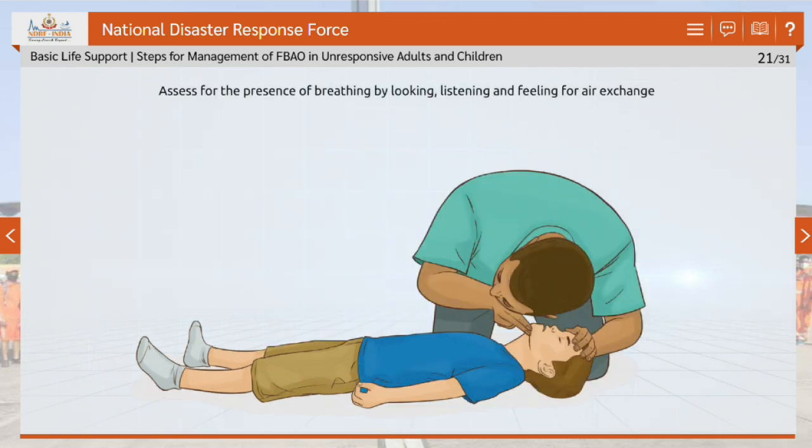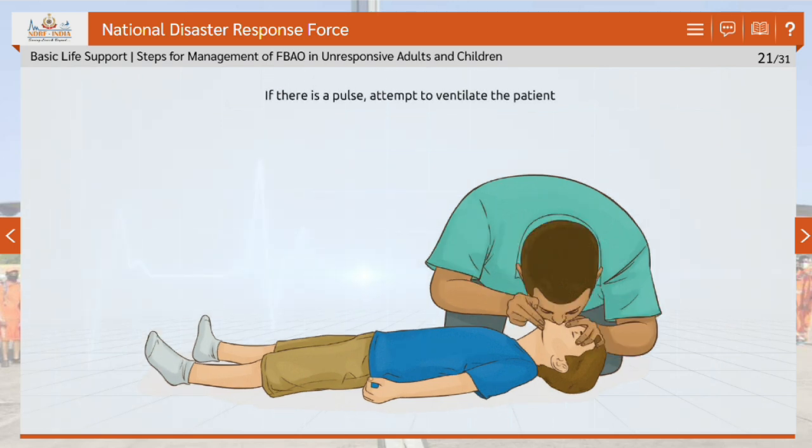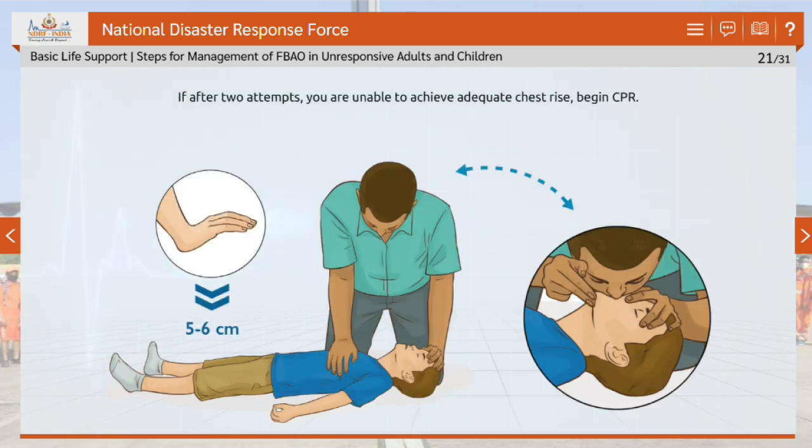Assess for the presence of breathing by looking, listening and feeling for air exchange. If breathing is absent or there is only gasping, assess for carotid pulse. If there is a pulse, attempt to ventilate the patient. If after 2 attempts, you are unable to achieve adequate chest rise, begin CPR.